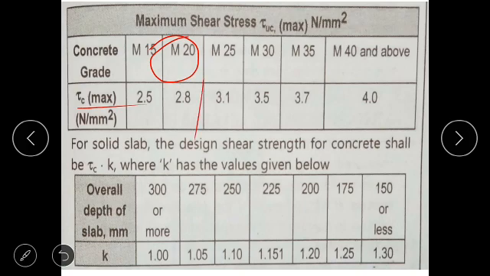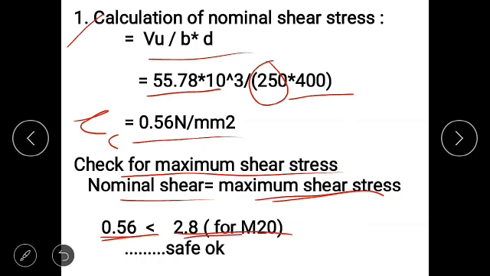In the IS code this table is already given. So maximum is 2.8. 0.56 is less than 2.8, so safe.